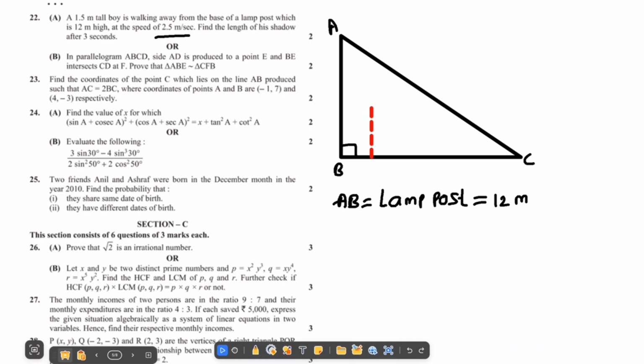Let us think he is walking away from the lamp post for 3 seconds. For example, he reached this point after 3 seconds of walking. So what is the distance walked by this boy in 3 seconds at the rate of 2.5 meters per second? So the distance walked in 3 seconds.